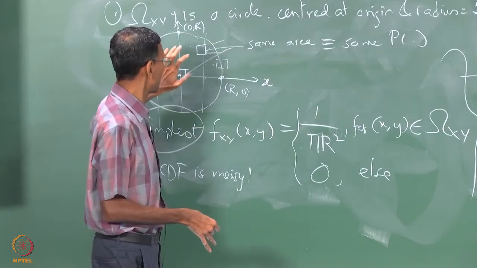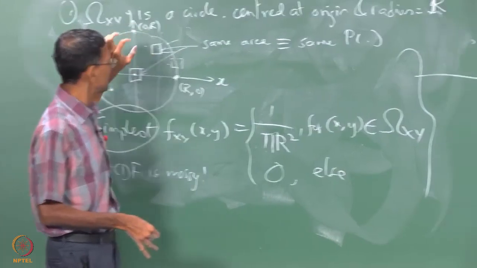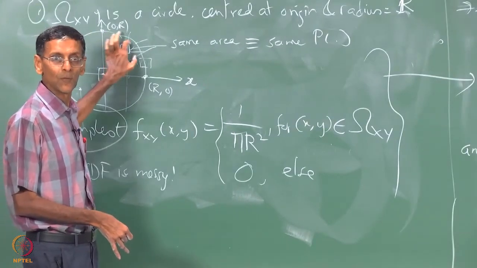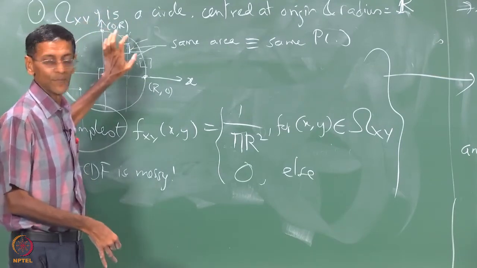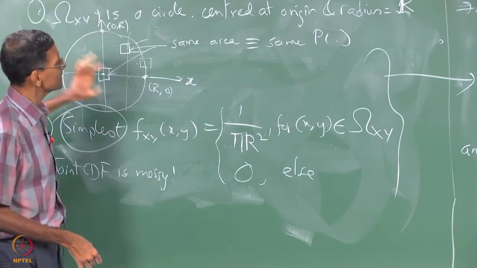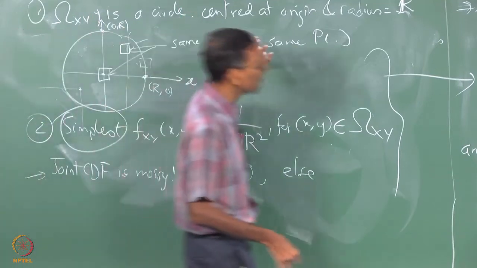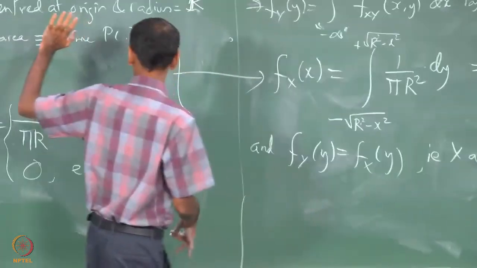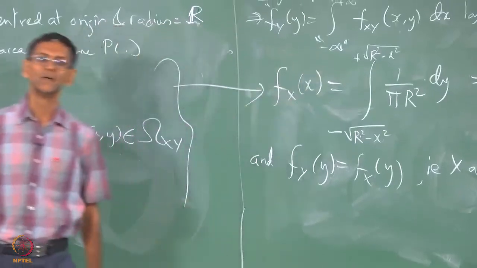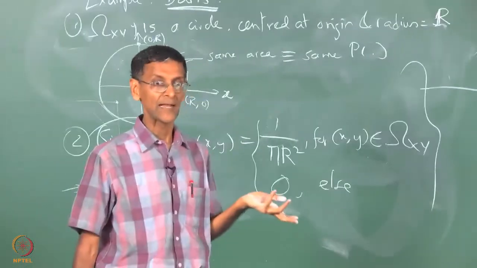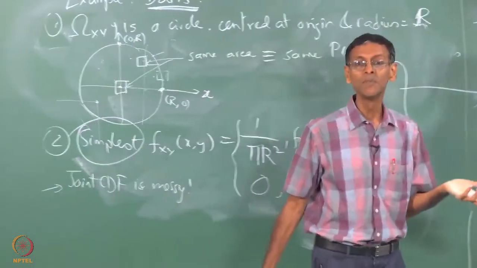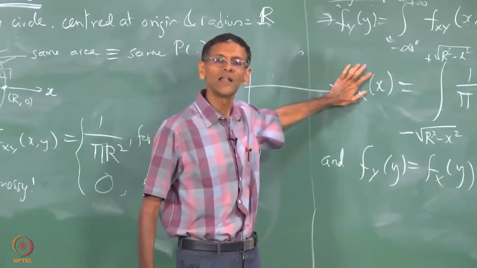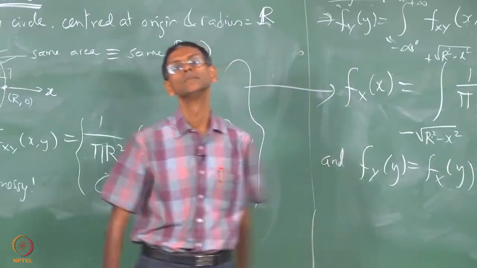One more thing to remember is probability is volume. Then we took up this example and showed how in general you can go from joint to marginal, in a way analogous to what we did for discrete. But in general you cannot go from marginal to joint.